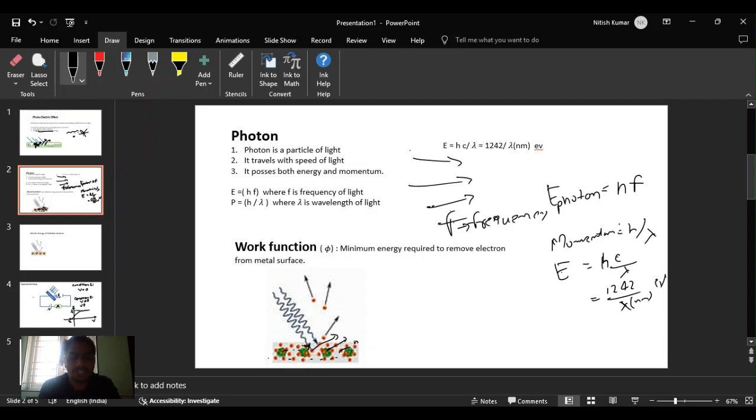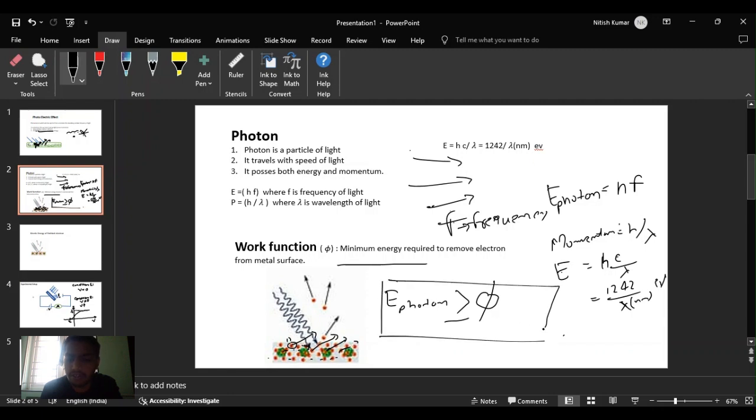The work function is defined as the minimum energy of a photon required to remove an electron from the metal surface. If the energy of the photon falling on the metal surface is greater than or equal to the work function, then only will we get emission of electrons.